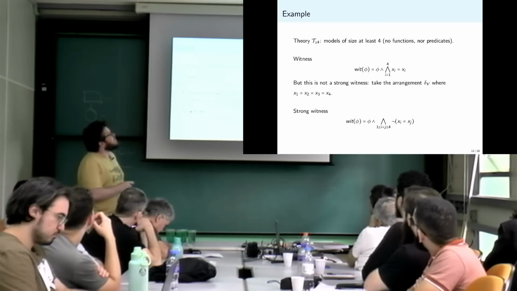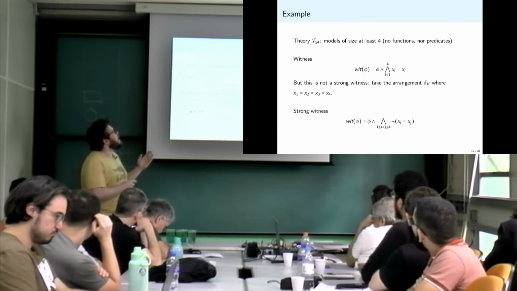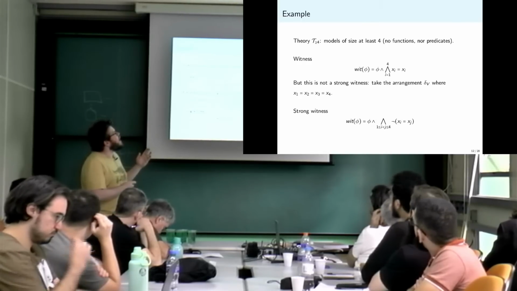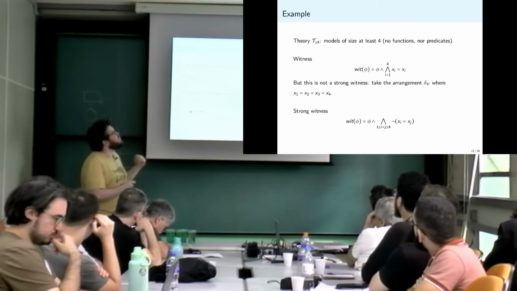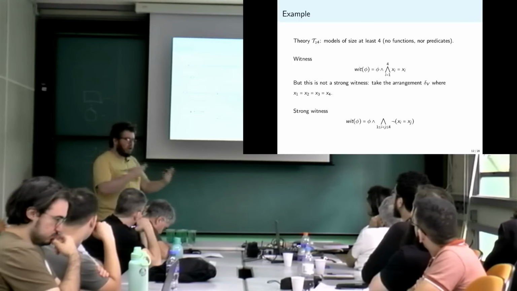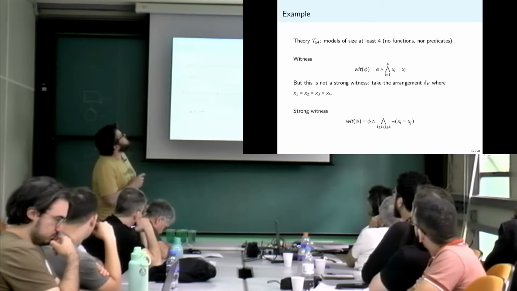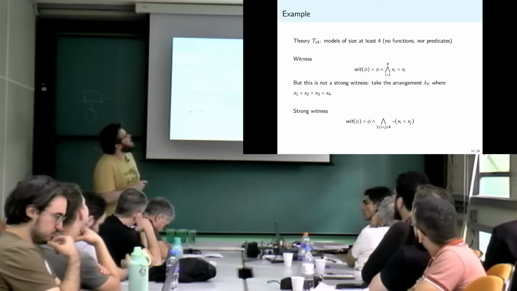Look, consider the theory where models have at least size 4. This is a witness because I can shrink the model to have only the variables here. And if I shrink too much, say phi is the tautology x equals x, I don't have enough variables to get a model of T, then I just consider these extra variables.